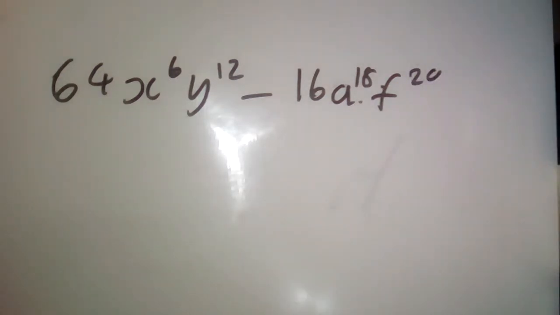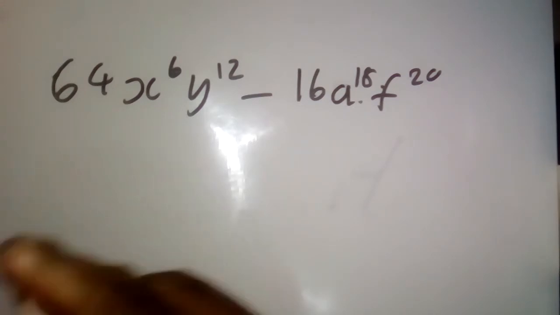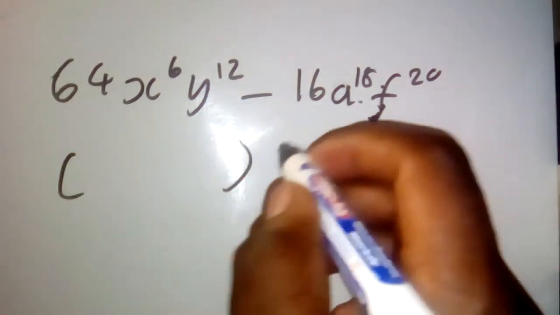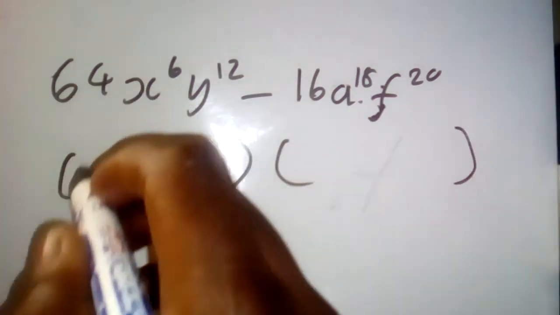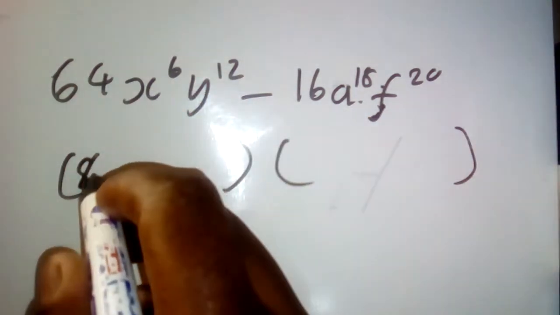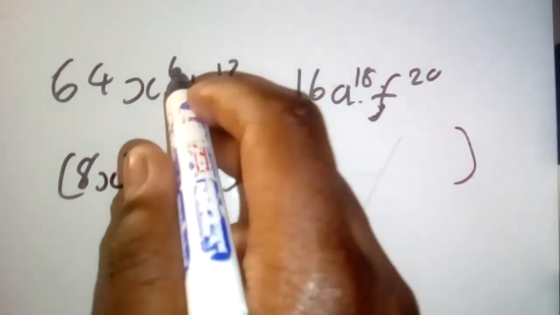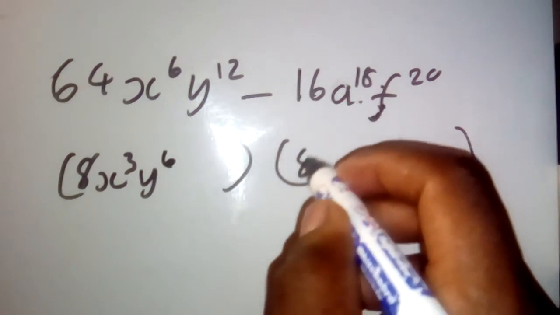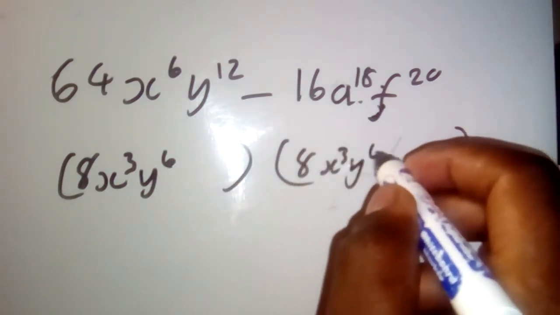So yeah, you can factorize it. You can pause the video and factorize it, and then from here, of course we have to open two brackets. So this is going to become 8, and then this is going to become x cubed, and y to the power of 6: 8x cubed y to the power of 6.